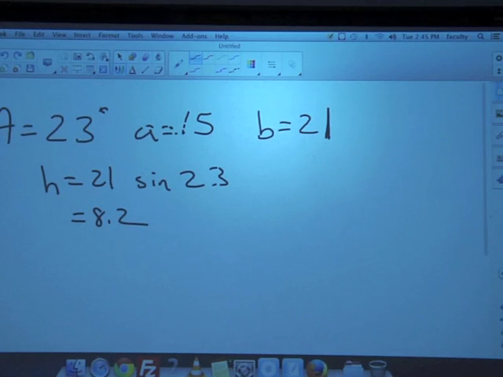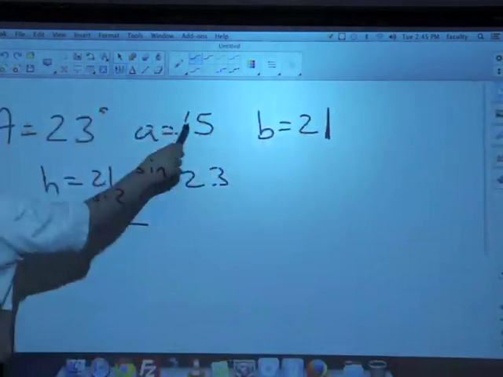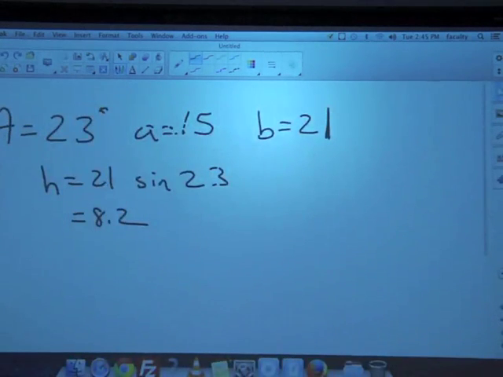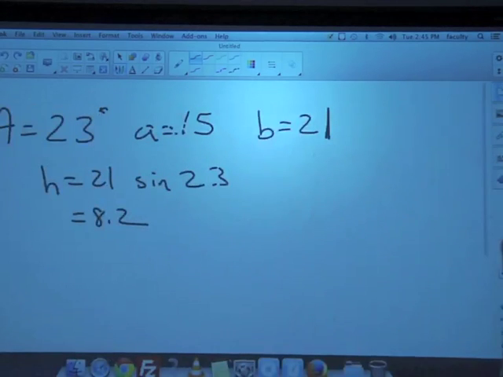Well, what makes the sides like the opposite? Because here's my angle. This side is opposite that angle. Remember that side A is opposite angle A, side B is opposite angle B, side C is opposite angle C. That's the way it works.